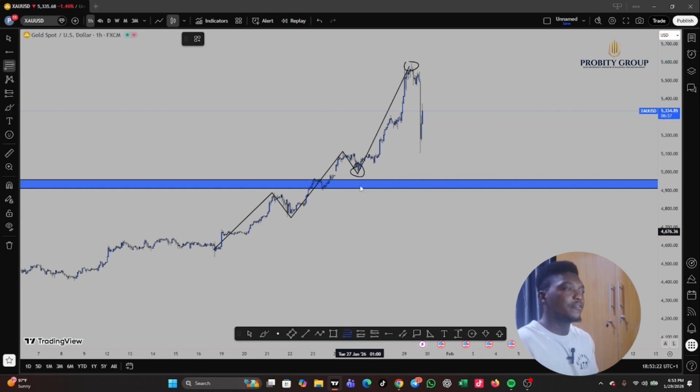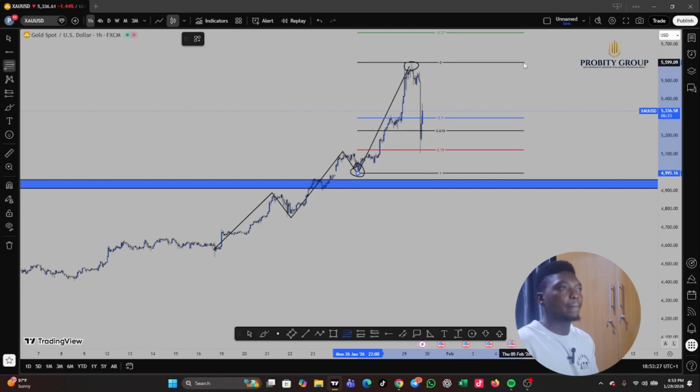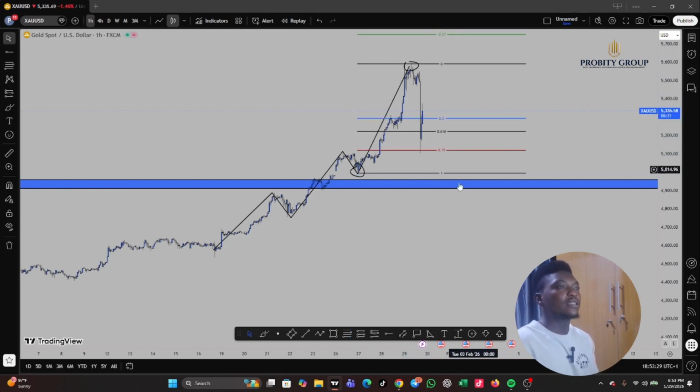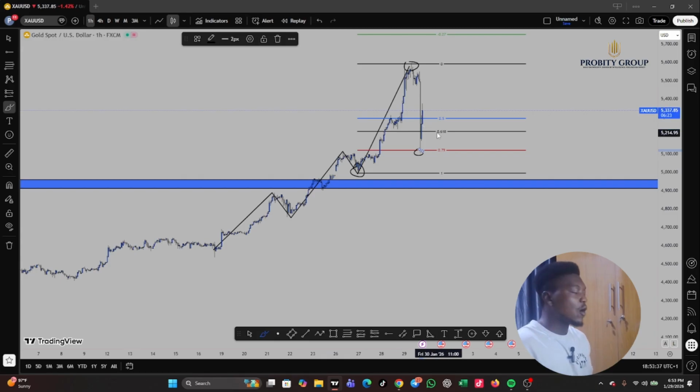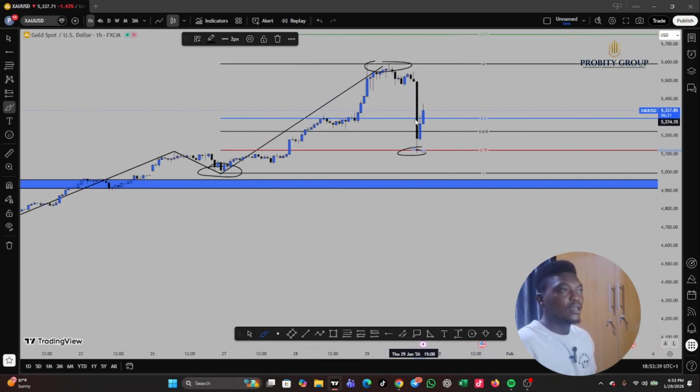So when I bring my fib like this, I bring from this low to this high. And now you can see that price comes to the 0.79 and we are rejecting back up. You can see how we massively breach both 0.5 and the 0.6, but we hold up at the 0.79.